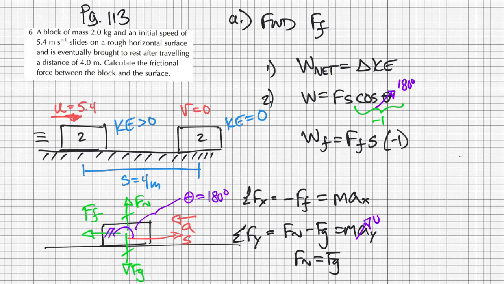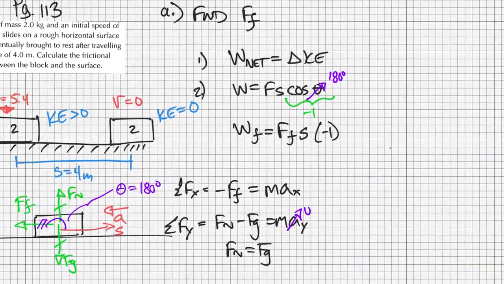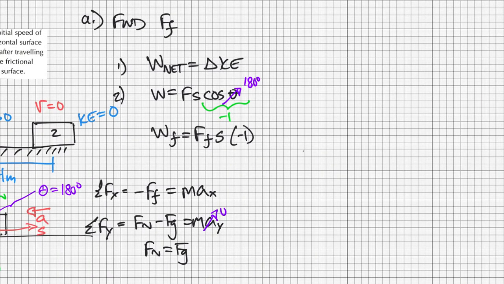We know the displacement, that's s, that's 4. We don't know the force of friction, but we can use equation 1 to determine my work done. Using equation 1, work equals the kinetic energy final minus the kinetic energy initial.